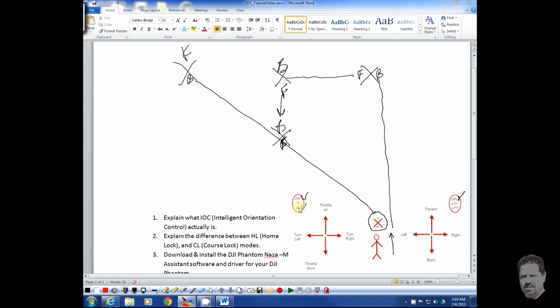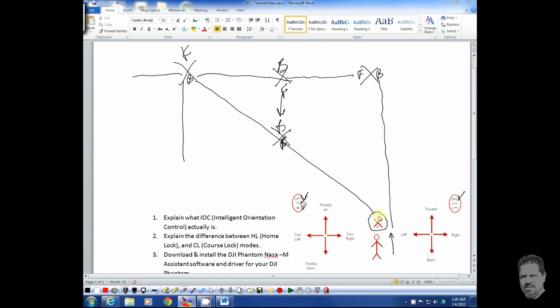So if I decide, instead of going to home lock, to go to course lock and then I go back, well, which way is back relative to my starting point? Well, back here it's going to go straight back. And if I decide to go to the right, it's going to go straight to the right. If I decide to go to the left, it's going to go straight to the left.